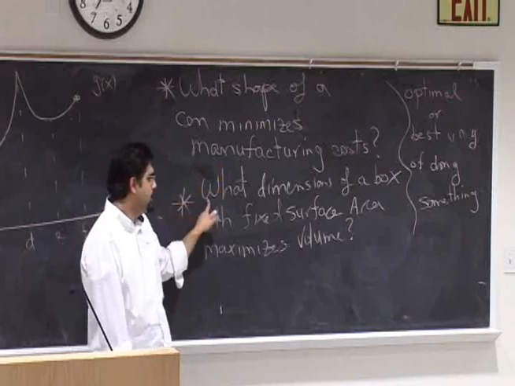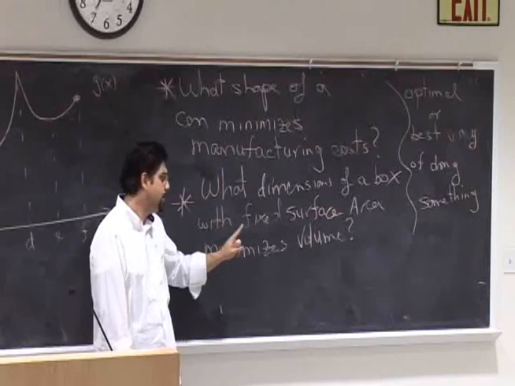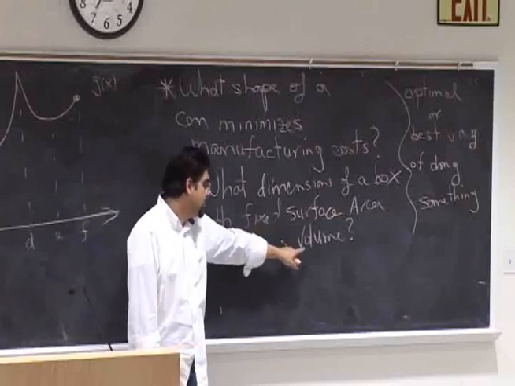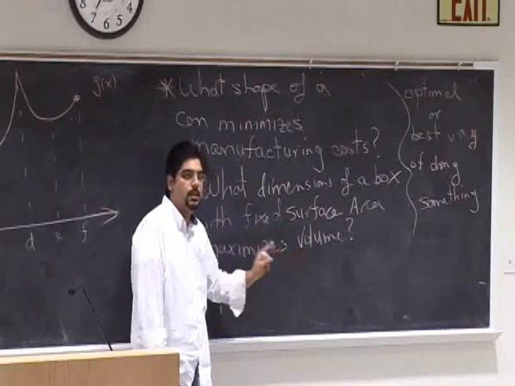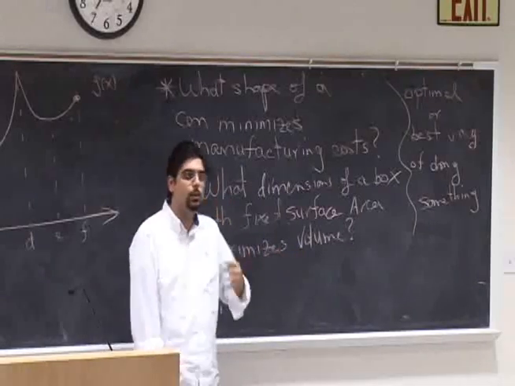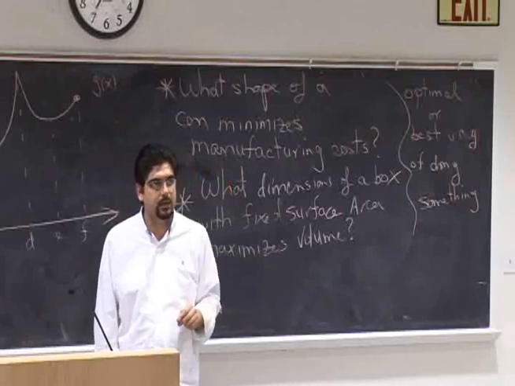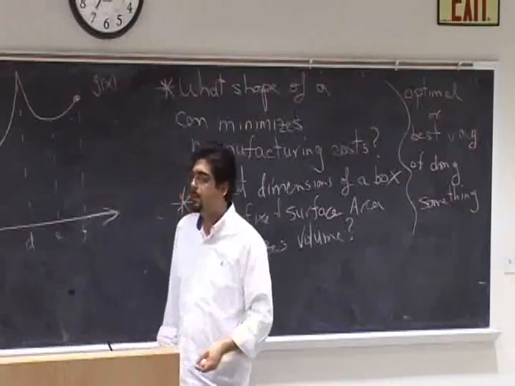If I want to find the dimensions of a box that maximizes volume, then I might find a function that models the volume and maximize that function. So a lot of these optimization problems really boil down to a function and finding the maximum or minimum of that function. So that's where we're going to start.